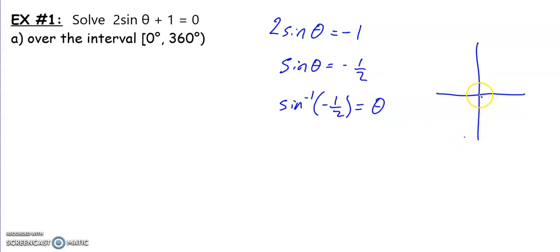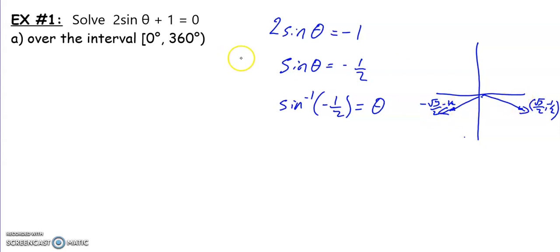Well, that's going to be here, because sine is y, so it goes down, and it's going to be here. So it's going to be the point radical 3 over 2 and negative 1/2. And over here we're going to get negative radical 3 over 2 and negative 1/2.